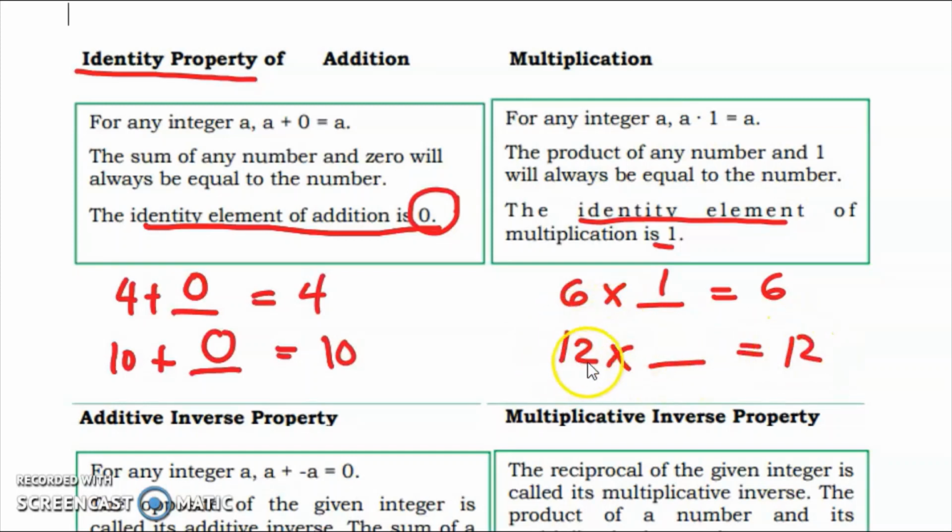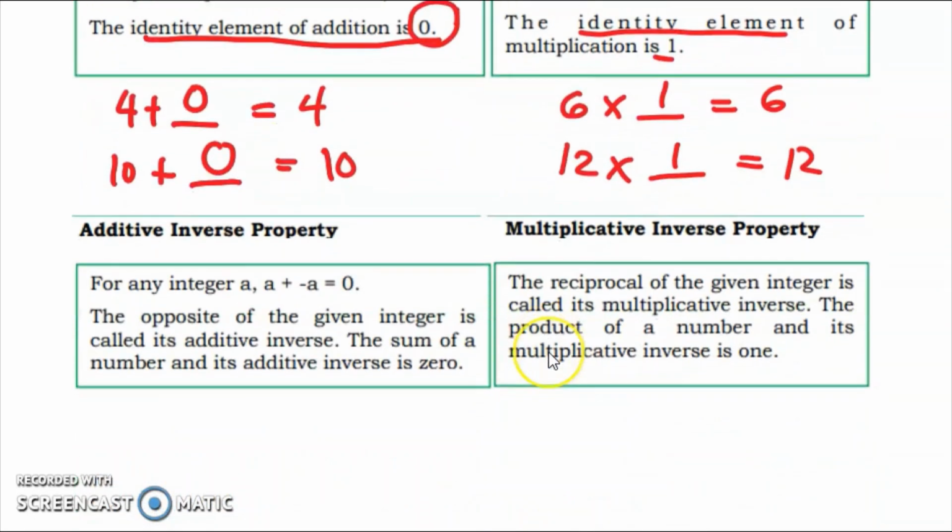Anong imumultiply ko kay 12 para maging 12? 1 din. So, pag nagmumultiply ka by 1, ang sagot ay yung identity niya, yung sarili niya. Parang pag tumingin ka sa salamin, di ba? Ang makikita mo pa rin yung sarili mo. So, ganun yung nangyayari pag identity property yung pinapakita.